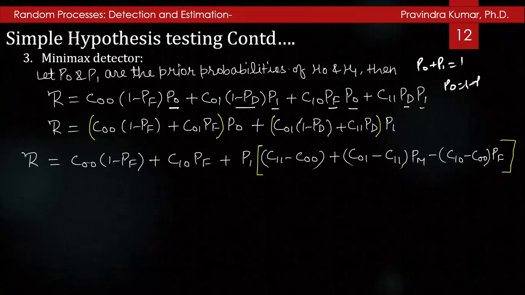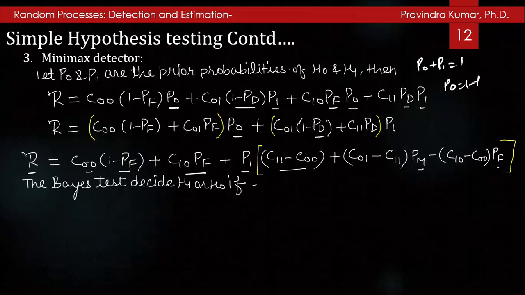So I can write R equal to C00 (1 minus PF) plus C10 PF P0 plus C01 (1 minus PD) plus C11 PD P1, or I can write the Bayes risk as C00 (1 minus PF) plus C10 PF plus P1 [(C11 minus C00) plus (C01 minus C11) PM minus (C10 minus C00) PF].